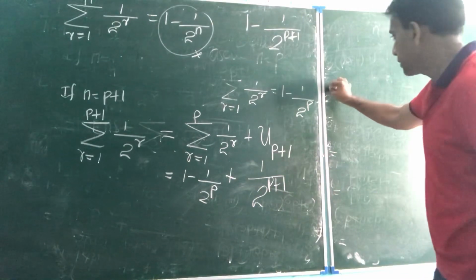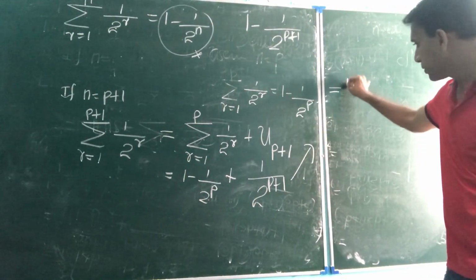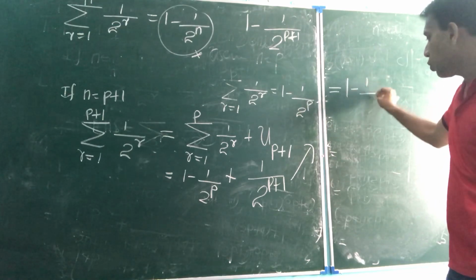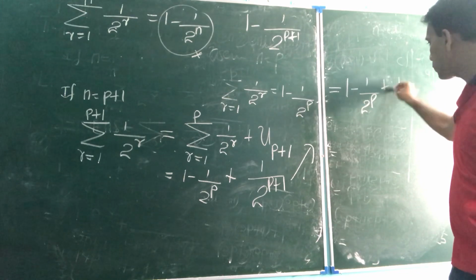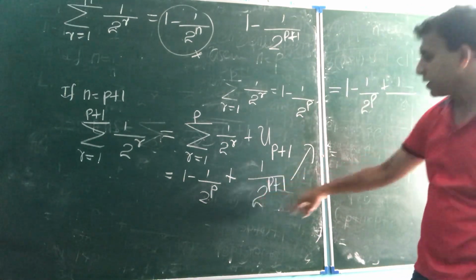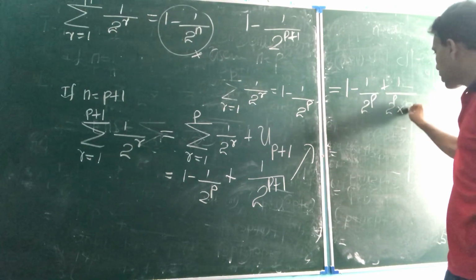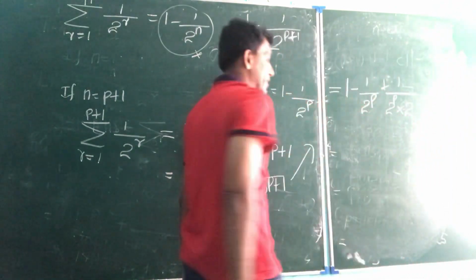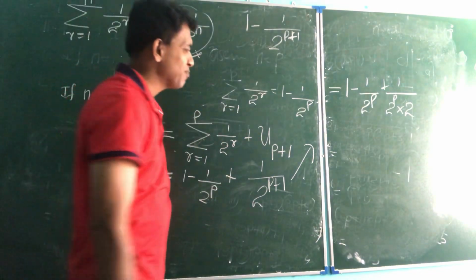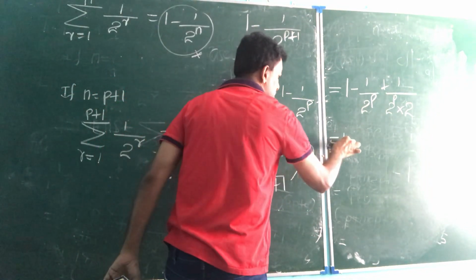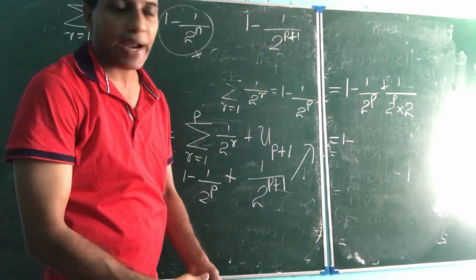So I show here 1 minus 1 over 2 to the power p, plus 1 over 2 to the power p plus 1. You know the indices rule says it is correct: when bases are the same and you multiply, the powers add. So can I take some common factors?